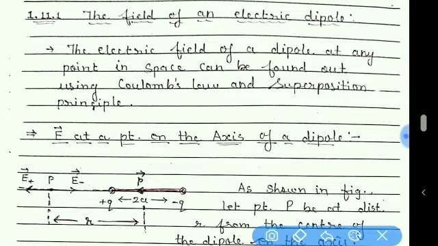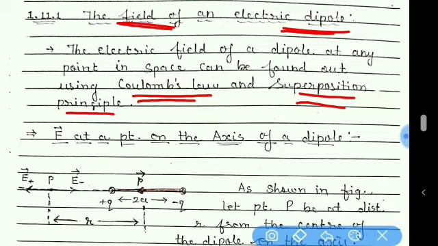Now let us see how the electric field of a dipole would be. Here we can find the electric field of a dipole at any distance using Coulomb's law and the superposition principle.